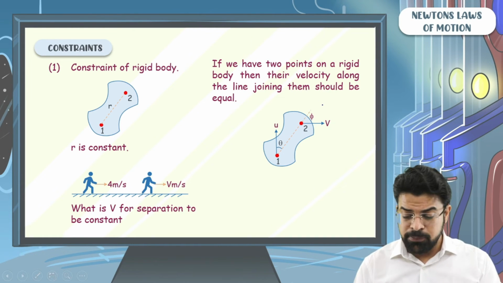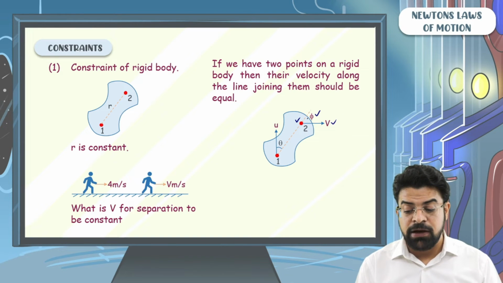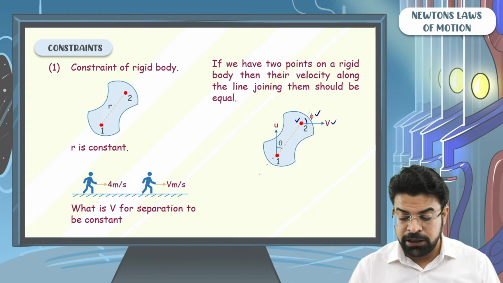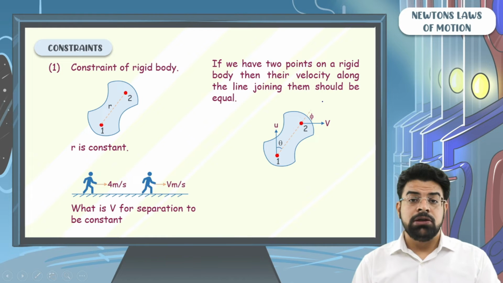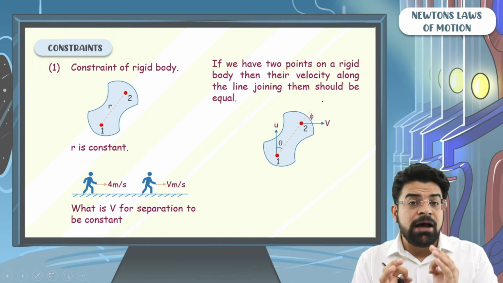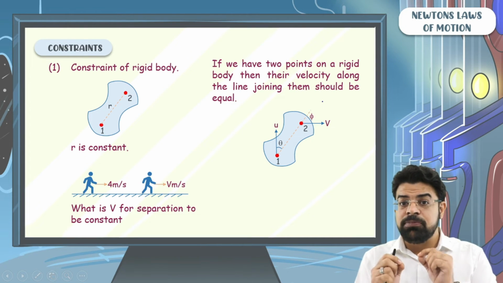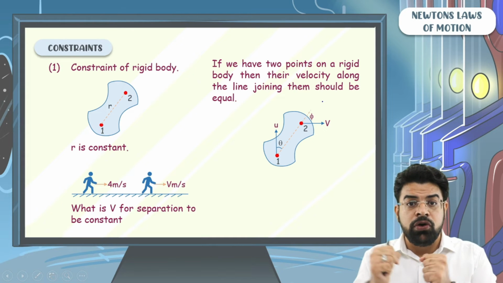And the second particle, 2, has a velocity v at an angle phi with the line joining particle 1 and particle 2. The rigid body constraint says that both the particles should have the same velocity along the line joining them. Only then the separation between them won't increase or decrease.